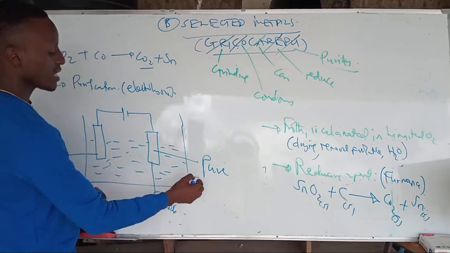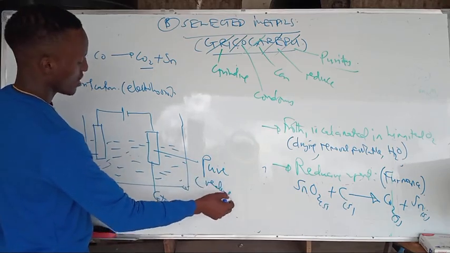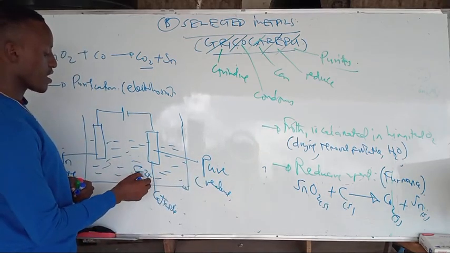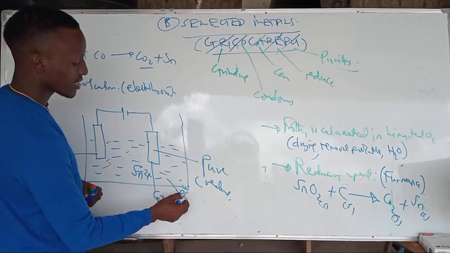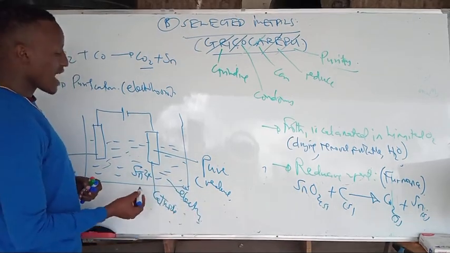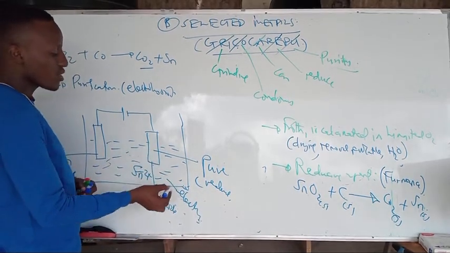So what happens here is the reduction. The tin ions from the electrolyte are pulled by electrons.